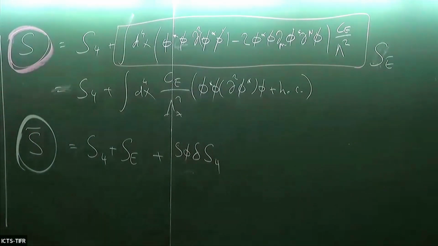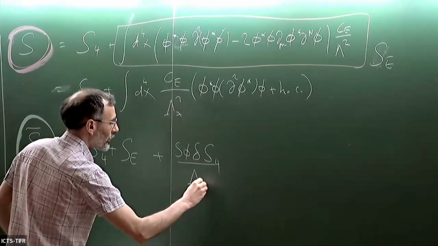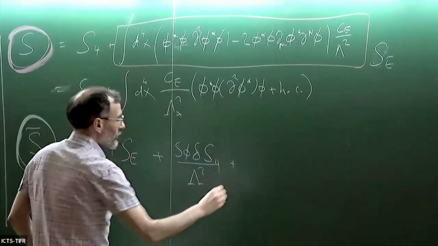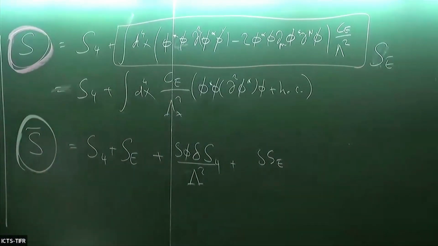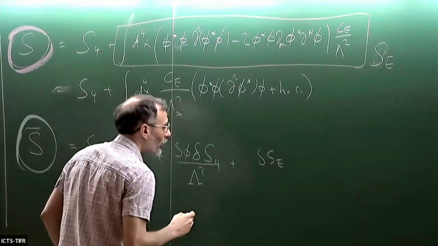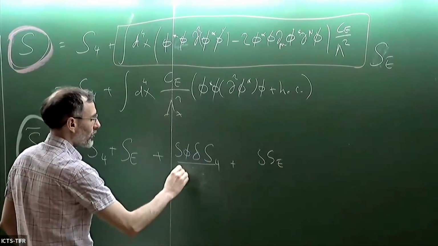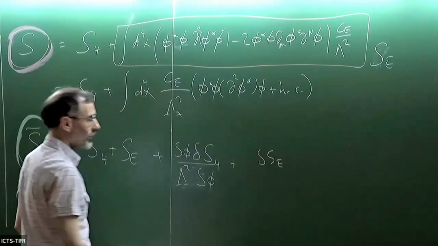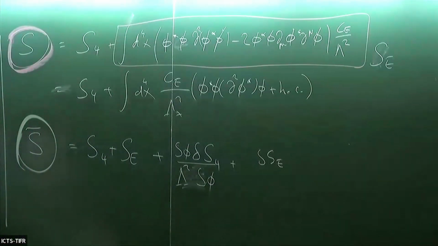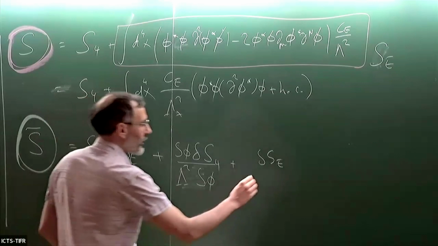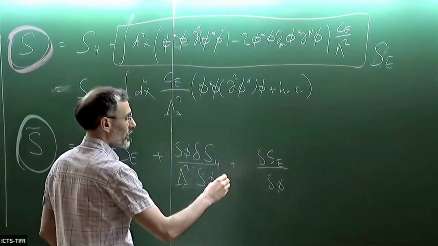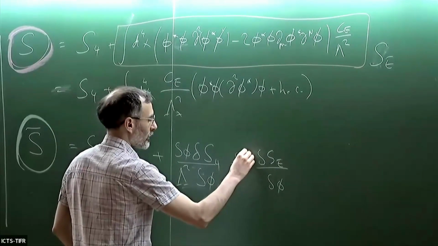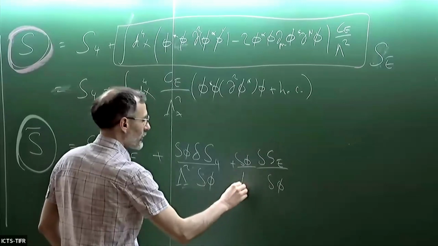Looking at it, the full variation of the field is delta phi over lambda squared. There would also be delta SE. By delta, I just mean the variation with respect to the field. I can make it more explicit and write it like delta S delta phi. This is the functional variation. There will be this term too, at linear order, the variation of the SE action with respect to the field, and then the variation of the field itself.